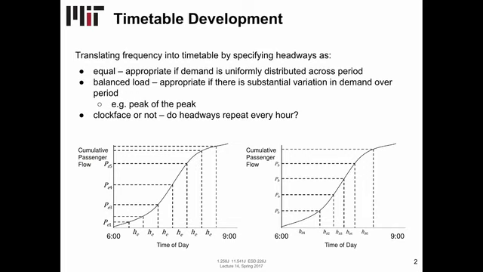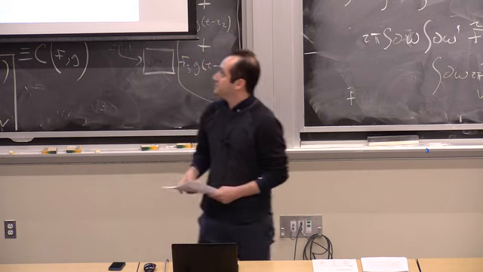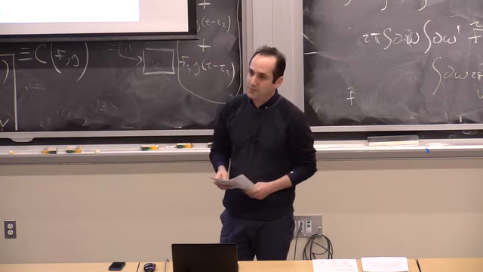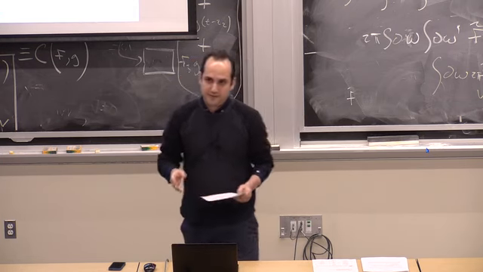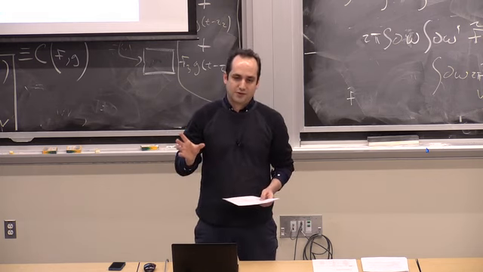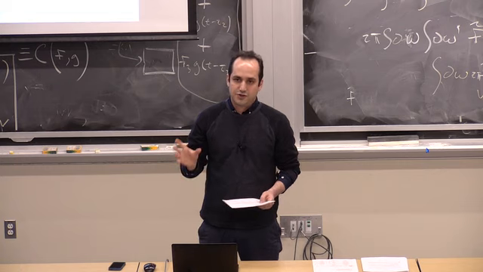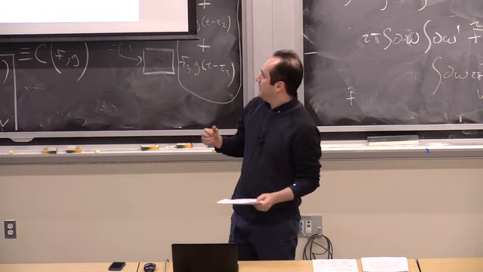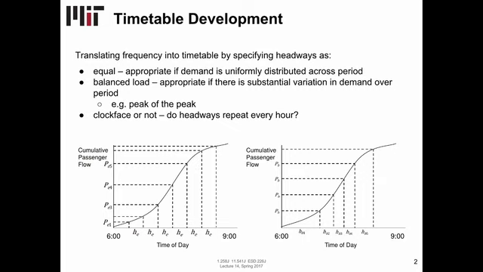There are alternative ways of determining the timetable. The simplest way is to just use equal headways. The frequency that you allocated to the route during the time period, just distribute them evenly over the time period.